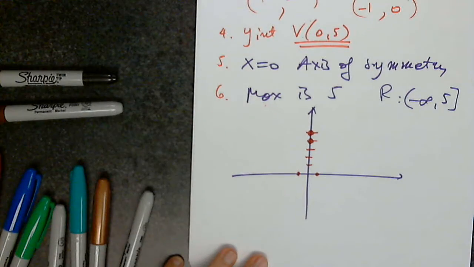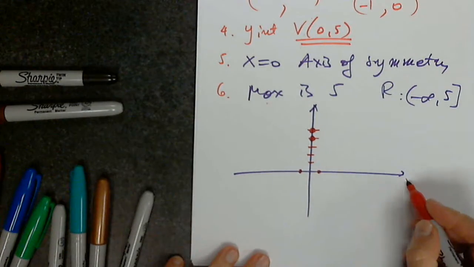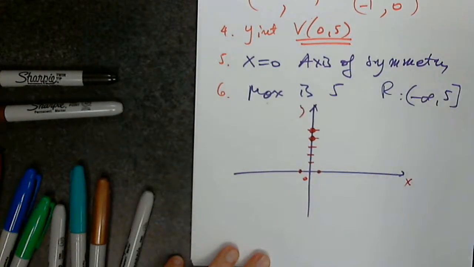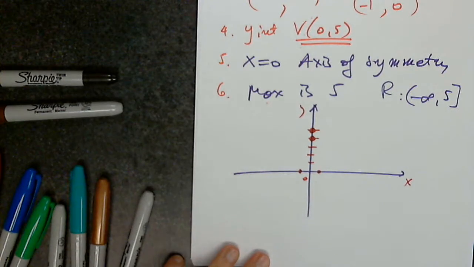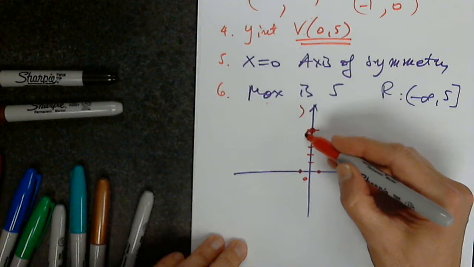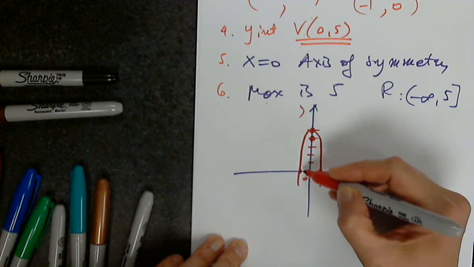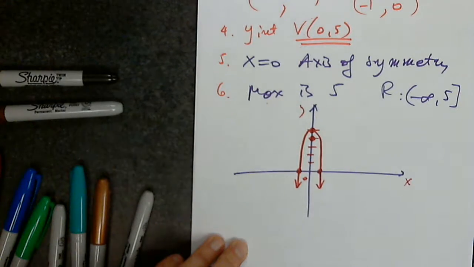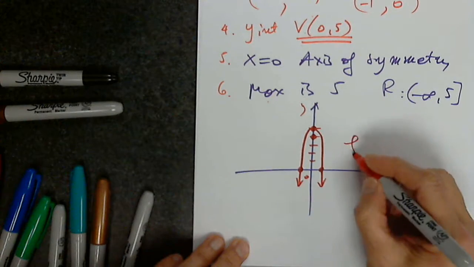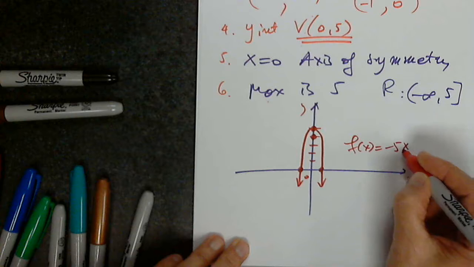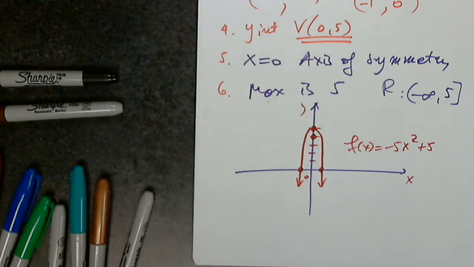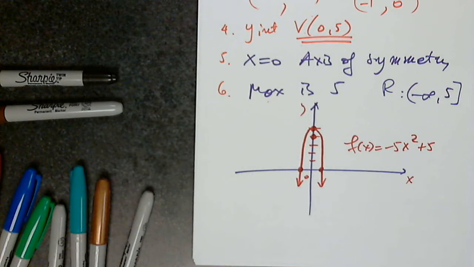There is no point in drawing the axis of symmetry because it's just the y-axis. And that's it. So this is f of x, negative 5x squared plus 5. Any questions?